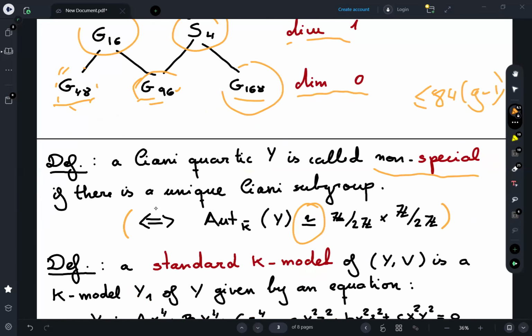Okay, so now let's go with the equation, because I've been talking about Ciani plane quartics for a long time, and I haven't given you the equation. That is the easy way to play with them.